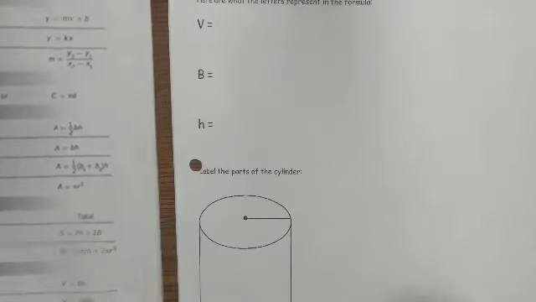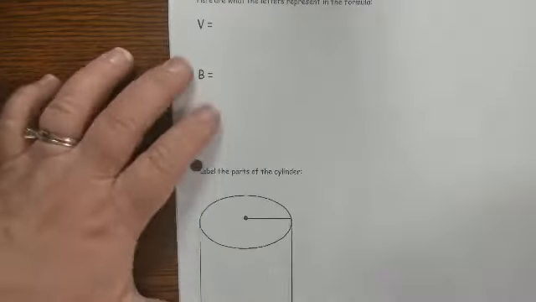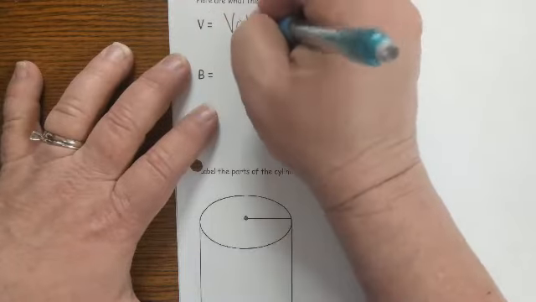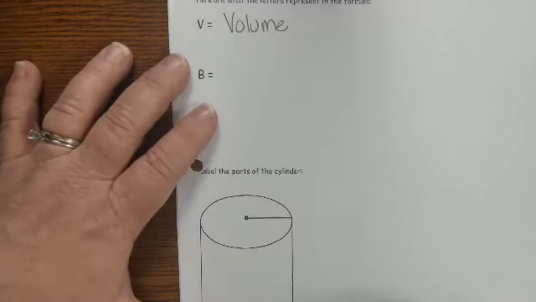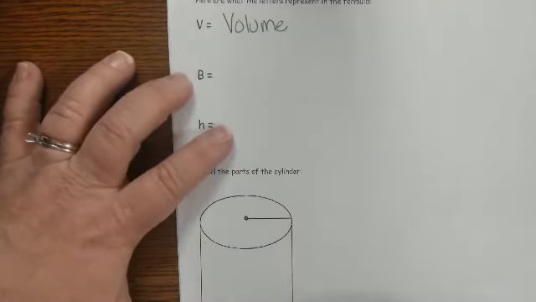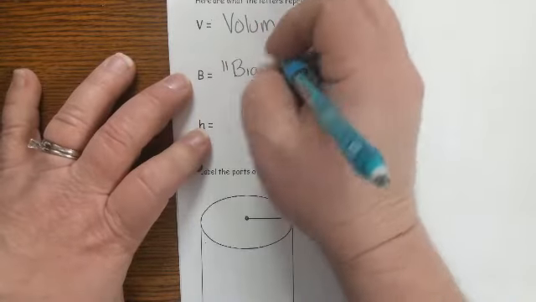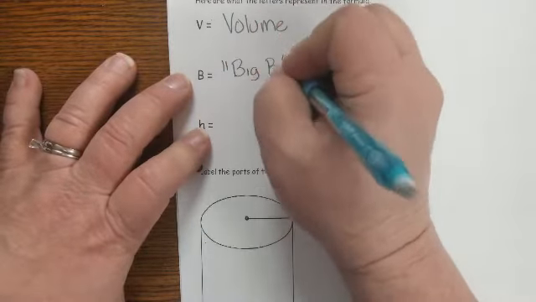Okay. Here are what the letters represent in the formula. V obviously represents volume. So we are solving for volume. Okay. Big B. The reason I say big B is because it is written as a big B always.